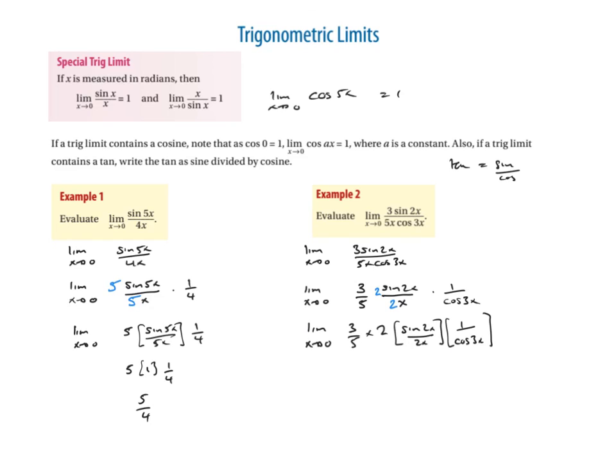Now when we take the limit, which is what we're going to do next, this is going to collapse down into 1, or change to 1, so we're going to head towards 1. This one's also going to head towards 1, because of this rule we'll have 1 divided by 1, and we're left with 3/5 times 2, and that'll be it, we'll be done. So we've now got 3/5 times 2 times 1 times 1, and that is 6/5 is now my limit.